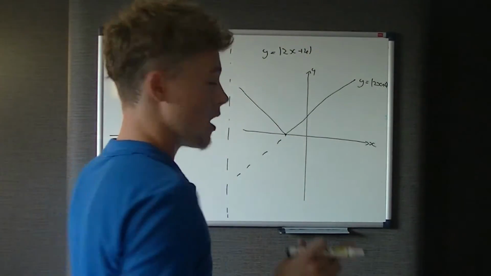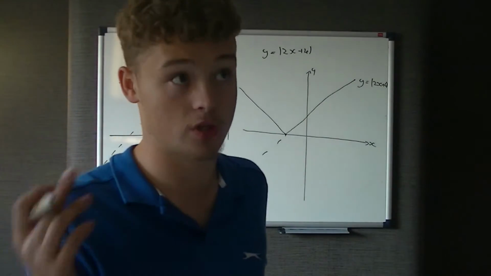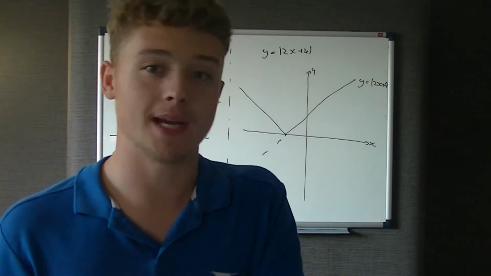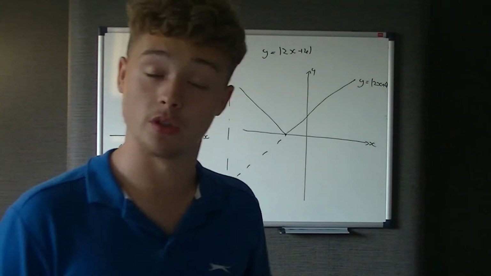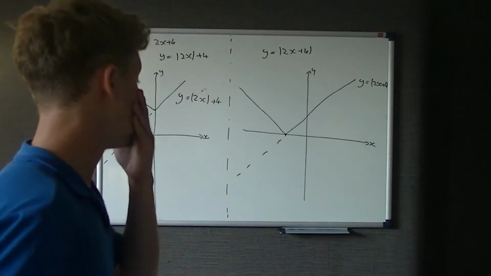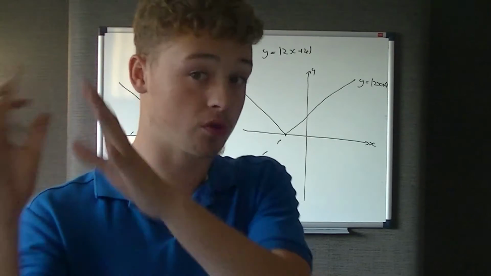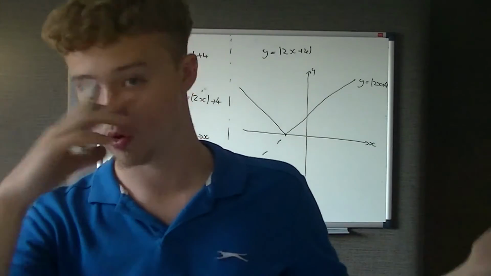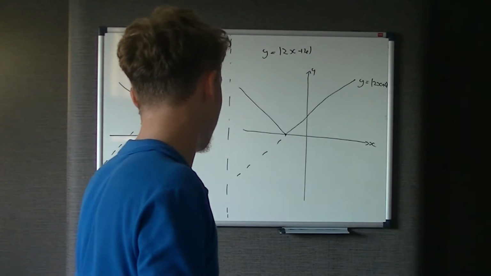But when it's just over the x, the outside number can make it negative, or any of the variations on that could make it negative. The 2x is always positive, but because it's modulus 2x plus 4, the plus 4 obviously could make it negative. So that's why that happens like that.